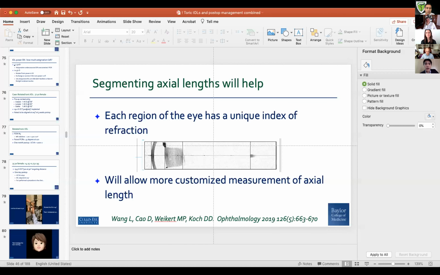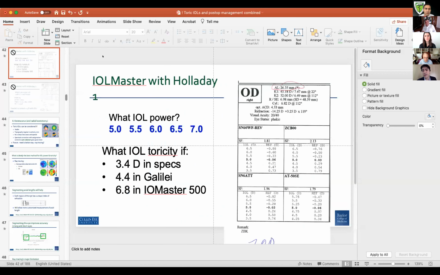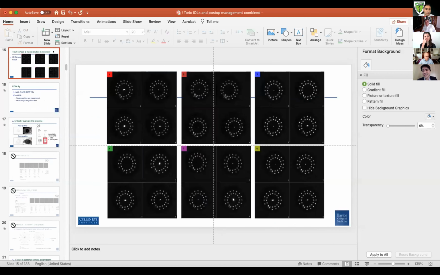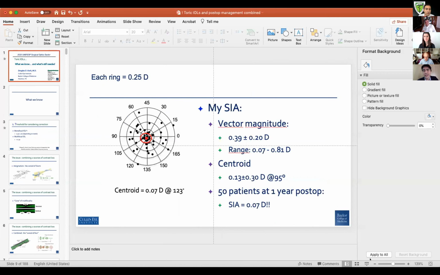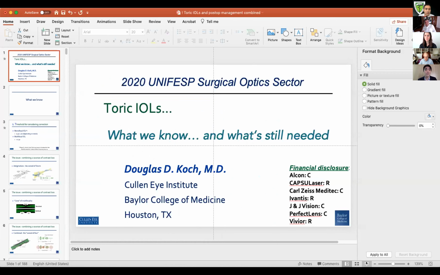Of course. So we'll move on to Professor Koch's lecture. Professor Koch is, as I have already stated before, one of the most recognized and does a brilliant job in this area.